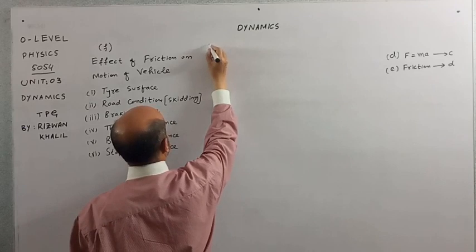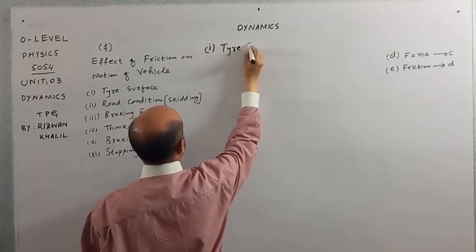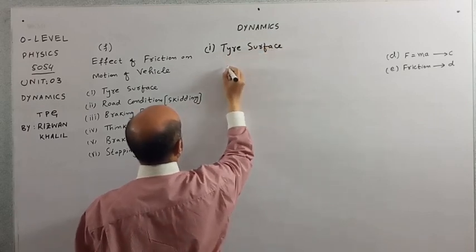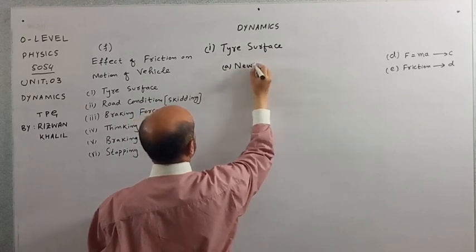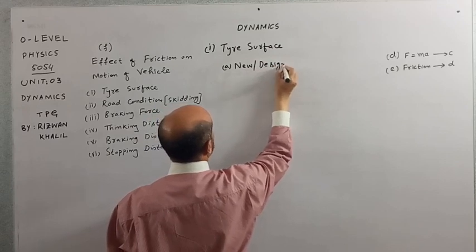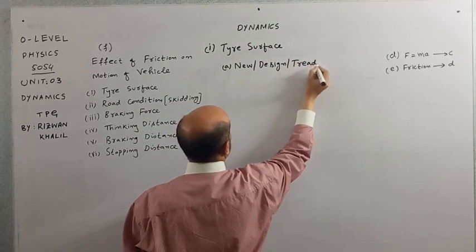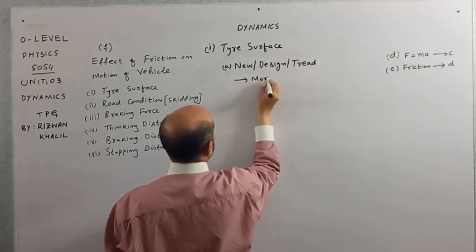So number one, tire surface. If the tire is a new one, having proper design or proper treads, then definitely it has more friction.